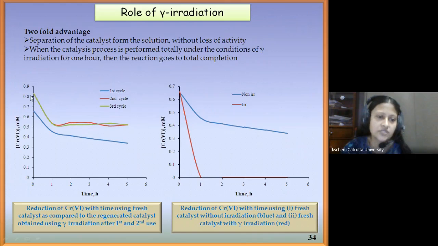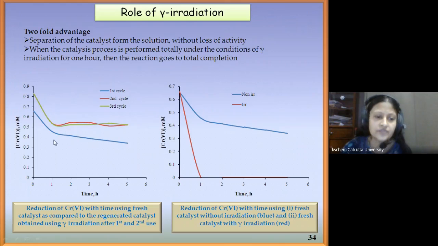This graph shows that after the reduction of the first cycle and irradiation, we can use gamma irradiation, we can collect it for the second and the third cycles. But there is a problem: though we can reuse, the reaction never goes to completion.